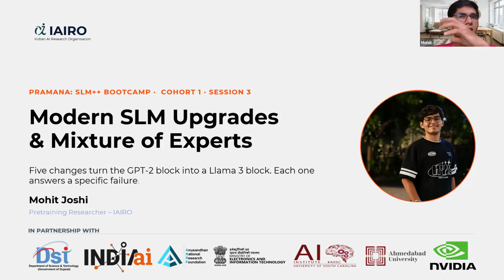In the last session on day two, you majorly saw the GPT-2 architecture, which came from a fairly nascent stage of architecture, from the Vaswani et al. paper, Attention Is All You Need, right? They came up with the groundbreaking transformer architecture, which we all still use now as well.